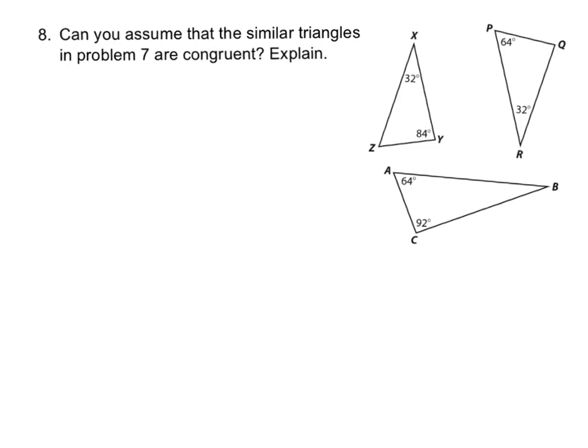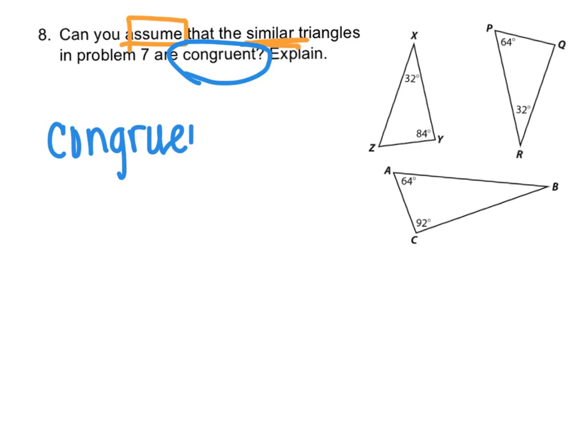If you guys go to the next page, question 8 says, can you assume that the similar triangles, they're already telling us that they're similar, in problem 7 are congruent? So the major part of this is I need to know if they are congruent.